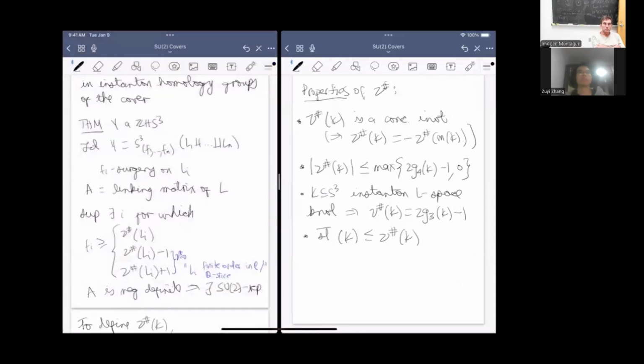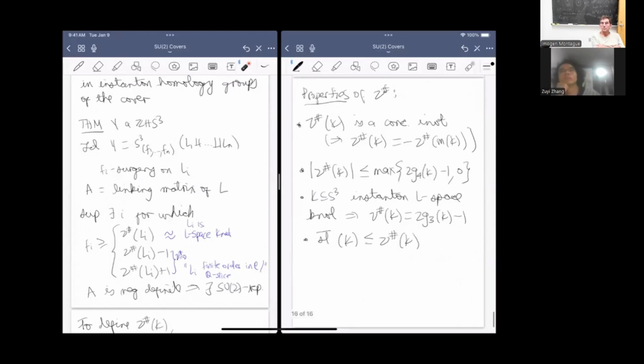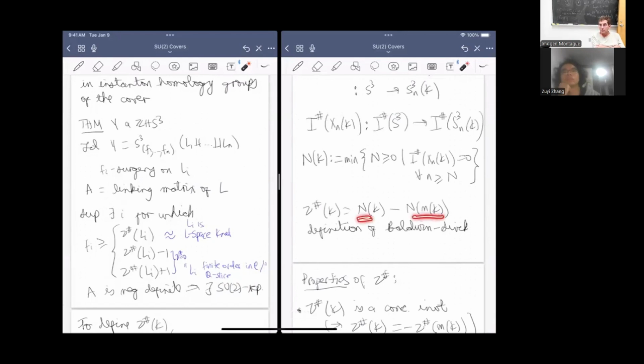Then on the other side of the spectrum, this first case is similar to the case where we have instanton L-space knots. It includes that class, maybe it's a little bigger. And then the second one is not going to be anything that is finite order in concordance, so it's still going to be non-trivial, but for both the knot and its mirror, this minimum number is going to be exactly 0.